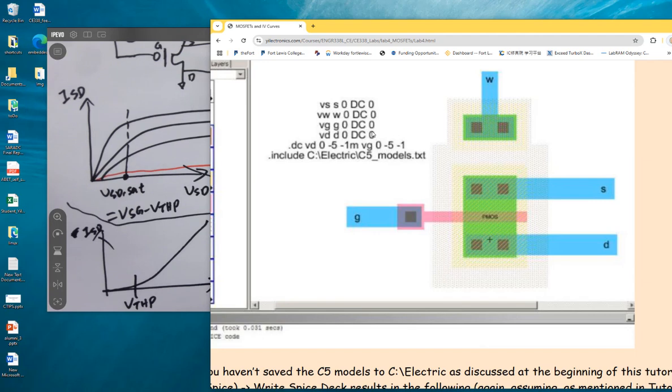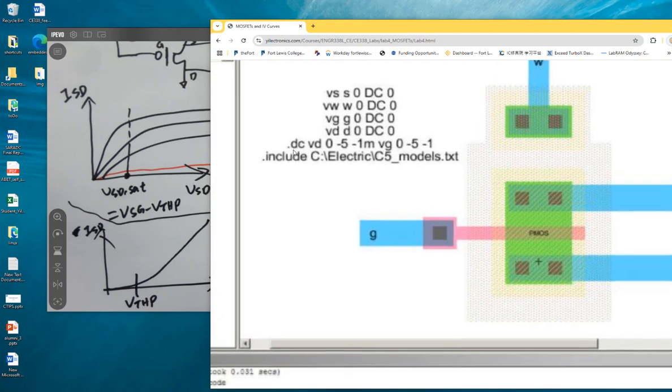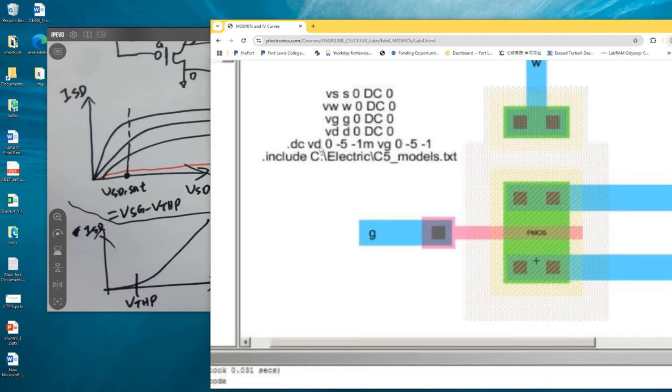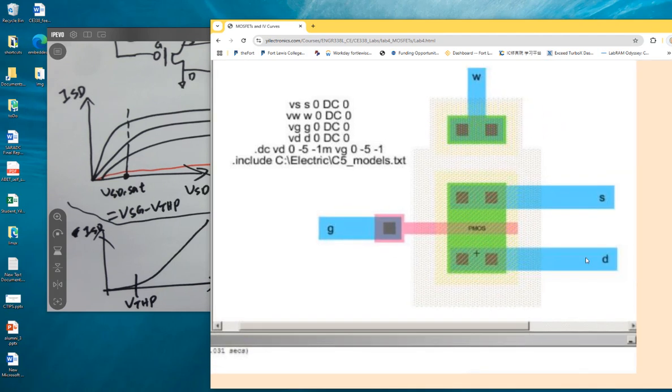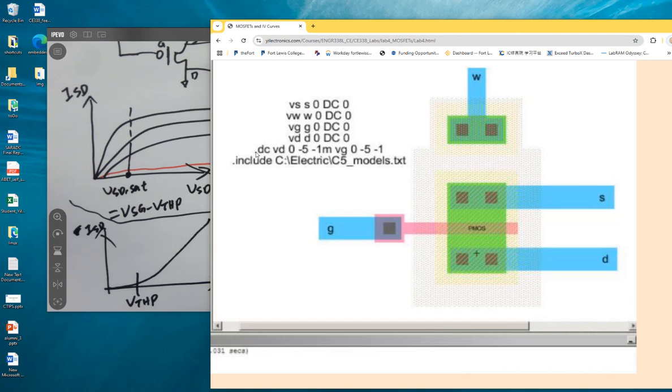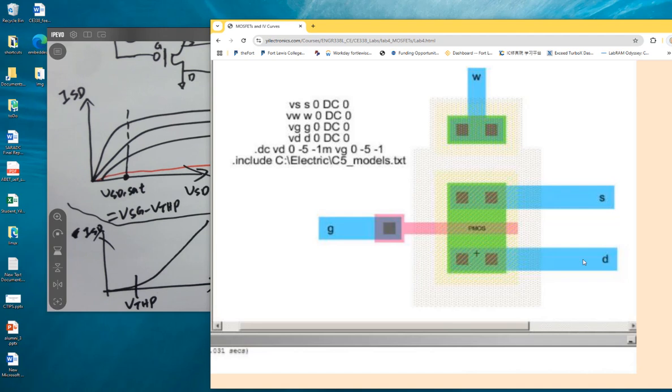And VD is doing a .DC. It's a DC sweep for VD, for this guy, the voltage at this node.